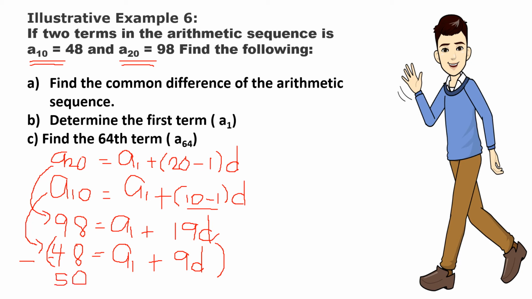Then, A sub 1 minus A sub 1, makakancel na natin. Sa gawa ng may subtraction nga operation natin. Yan. Equals 19 magiging minus 9. So we have 10D.